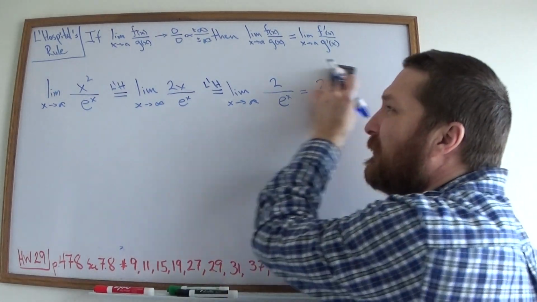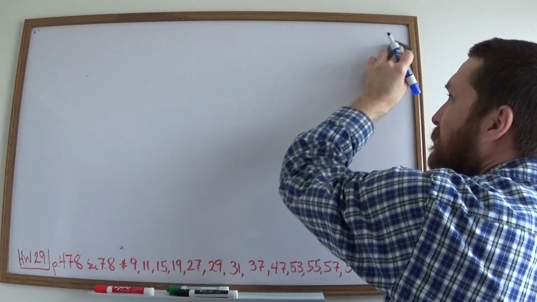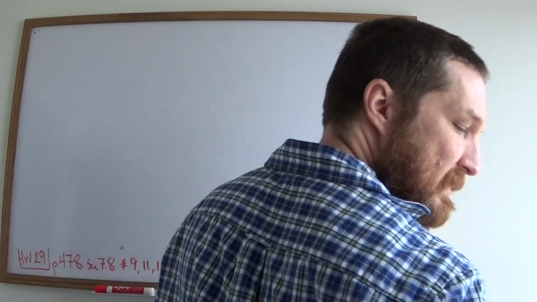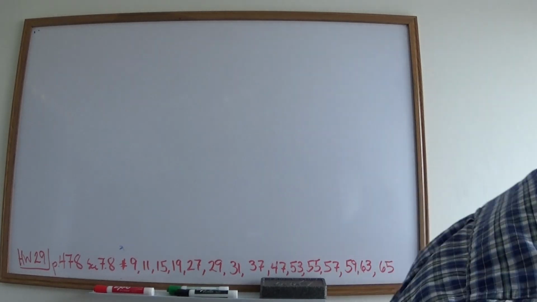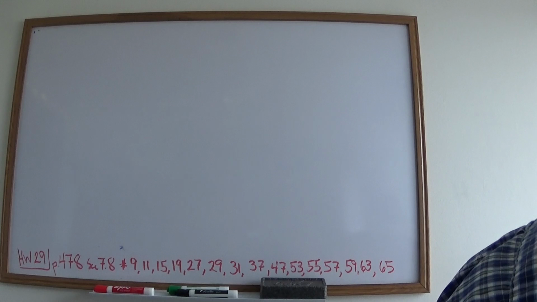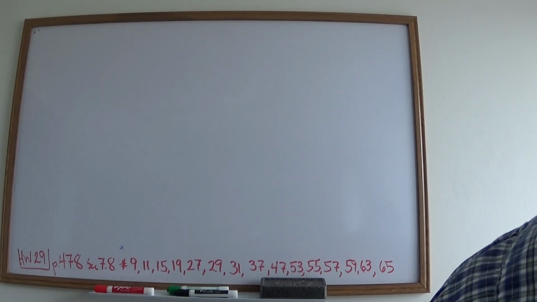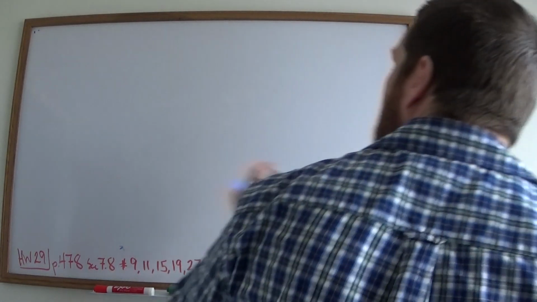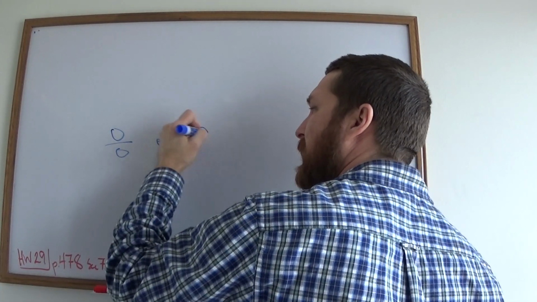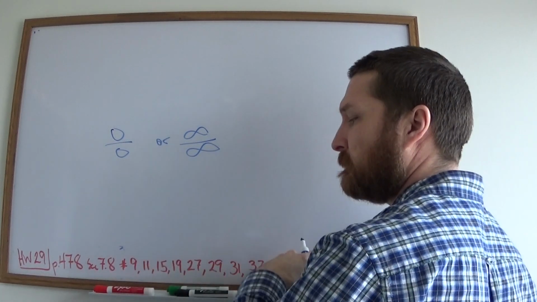Now, by the way, these types of limits are called indeterminate. They were indeterminate forms of type 0 over 0 or of type infinity over infinity.